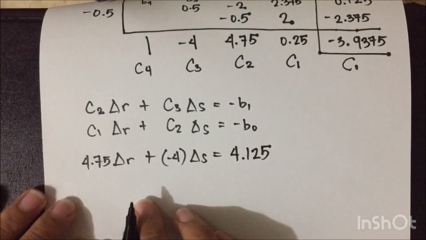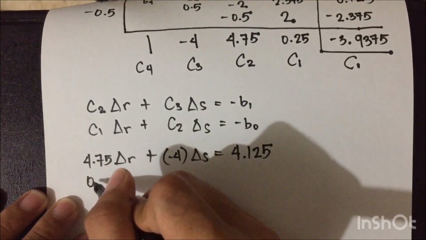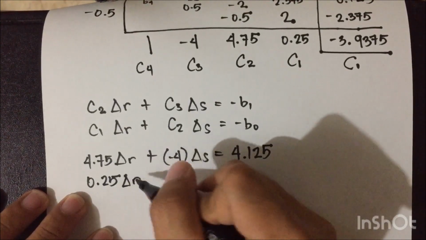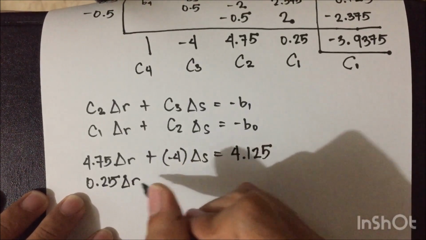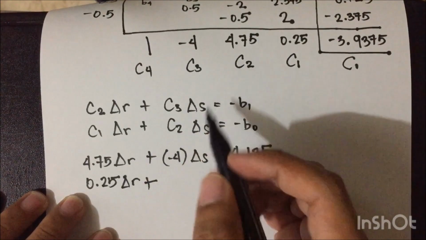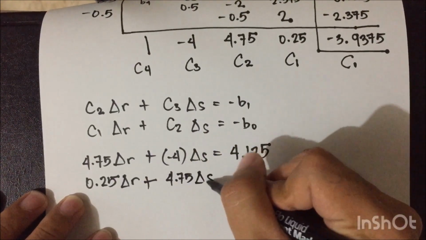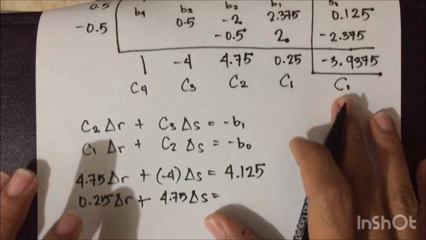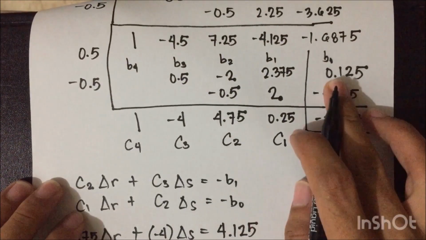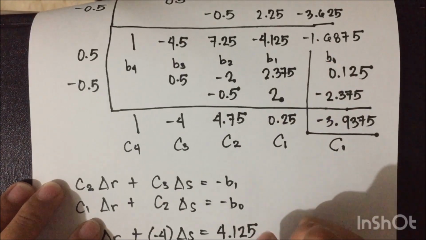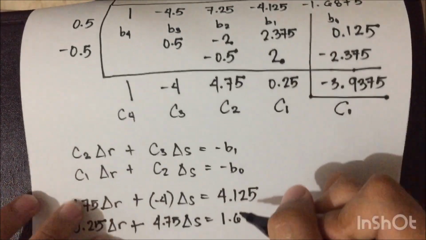Then, sa C sub 1 natin, meron tayong 0.25 delta R. Then, plus C2. C2 natin 4.75 delta S is equal to negative B sub 0. So, B sub 0 natin is negative 1.6875. So, naging positive yan.